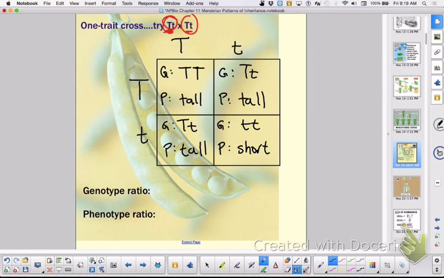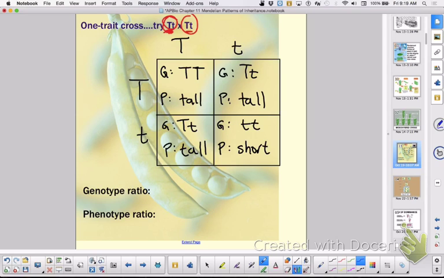How many different genotypes do we have up here on the board? 3? Okay, you're right, there are 3. Let's write them from most dominant to least dominant with the ratios. So watch me to make sure you get it right. What's the most dominant genotype we have up there?